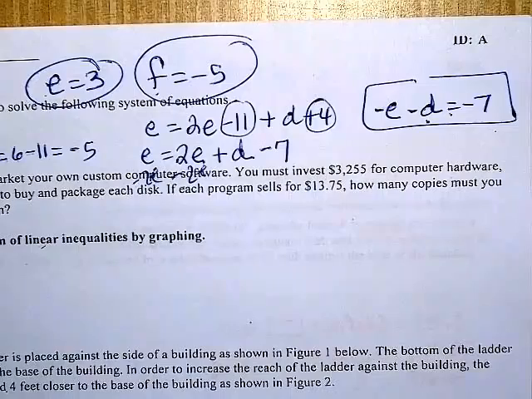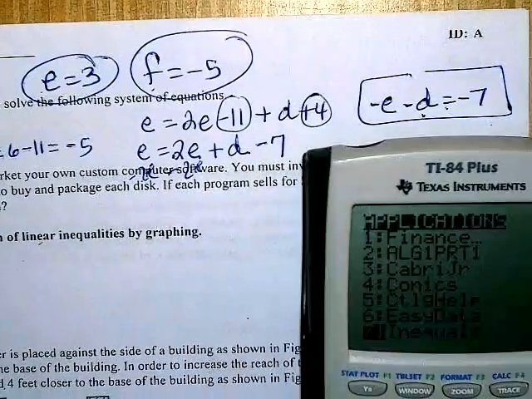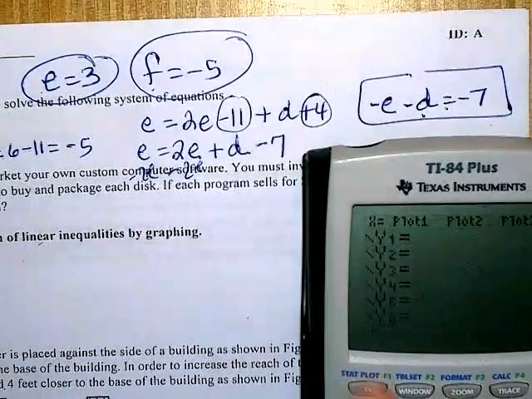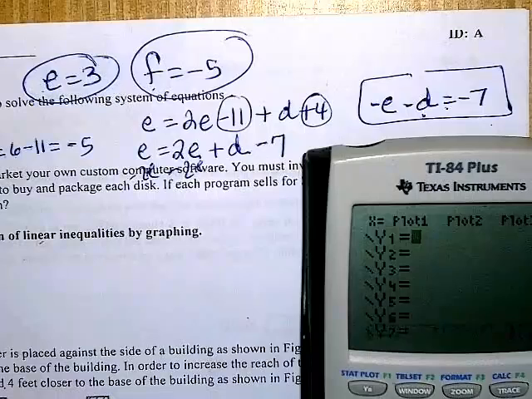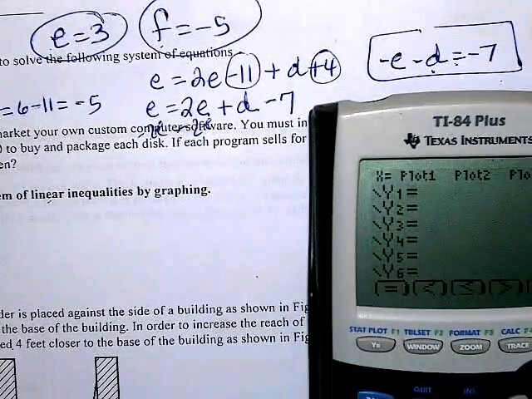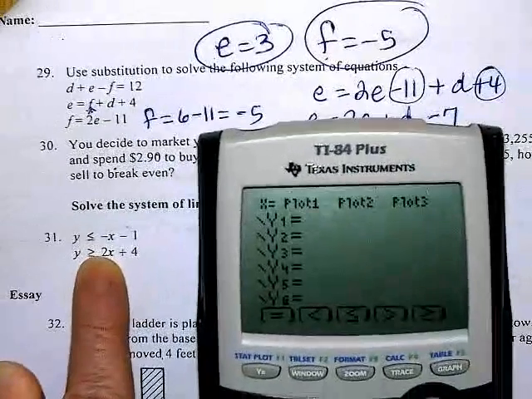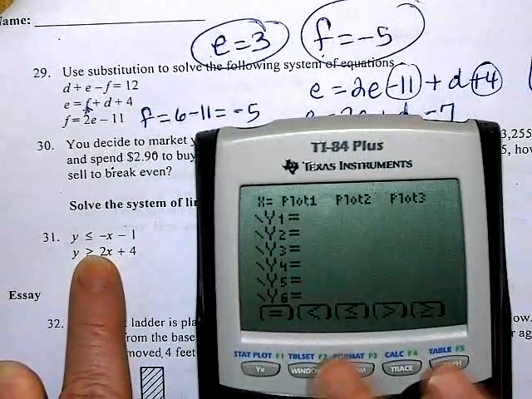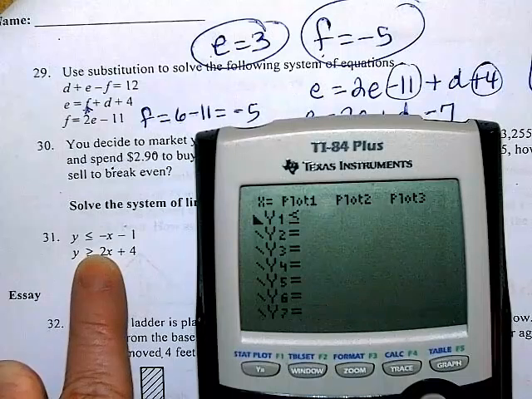So we're going to turn inequalities on and go to y equals. We're going to put these right in our calculator. We're going to sit on top of the equal sign and choose the correct symbol by pressing alpha and that symbol. Negative x minus 1.